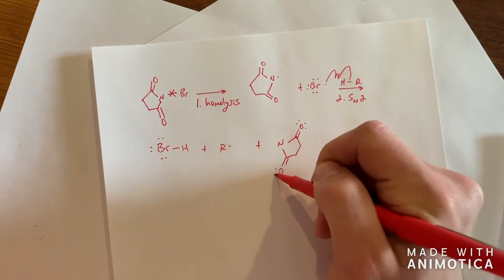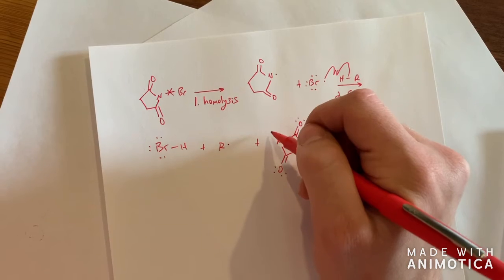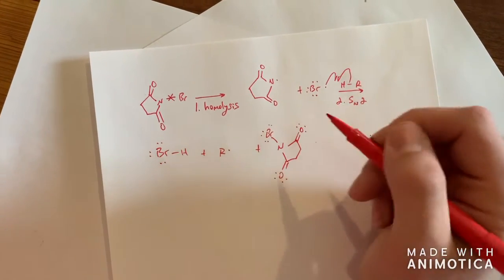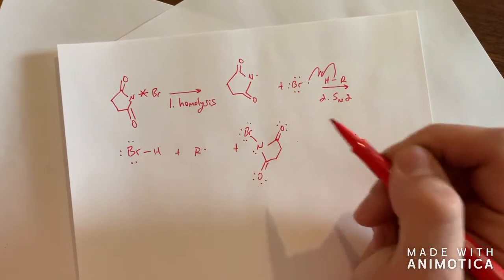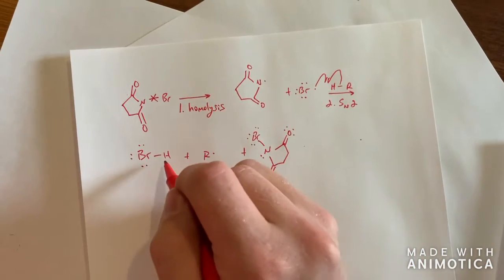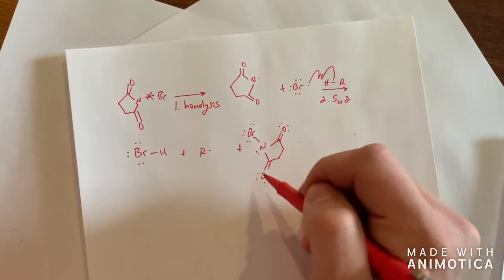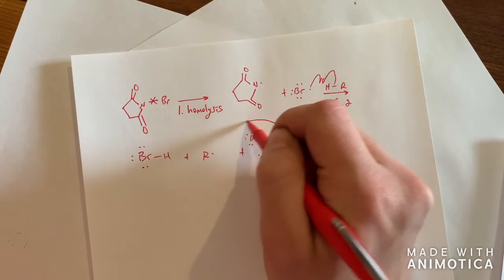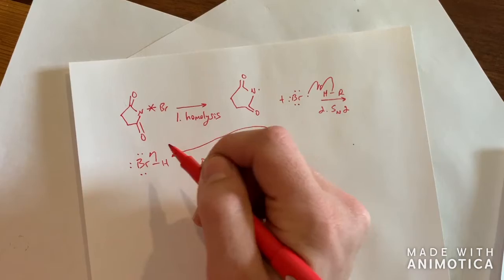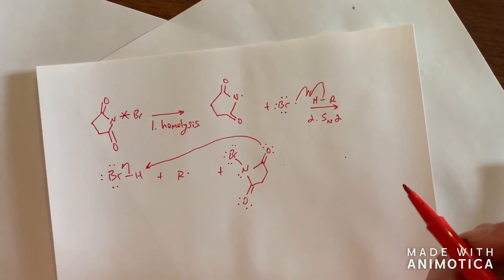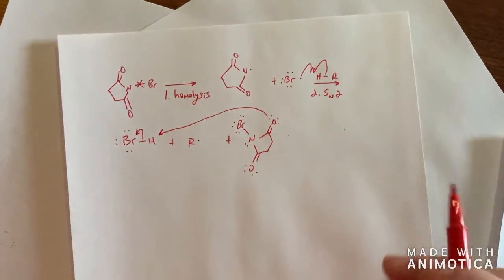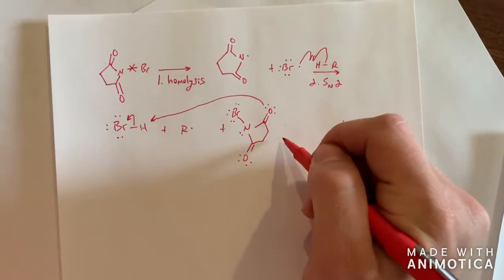Both of these oxygen atoms are still playing a role, and they're going to act as an acid by taking this hydrogen away from that bromine. So let's draw that. And it's still going to be 2 electrons here, so let's make sure we have that arrow with the double head on it.